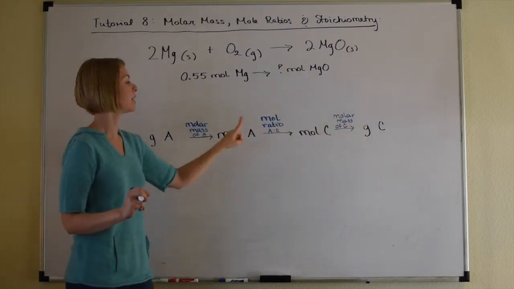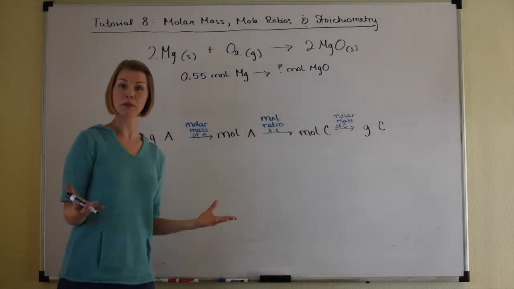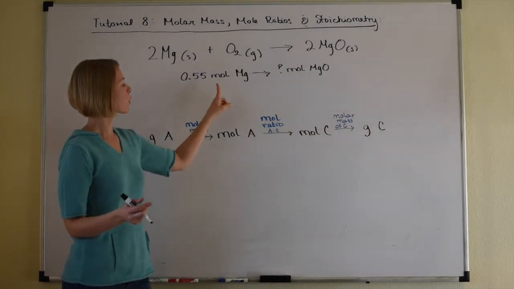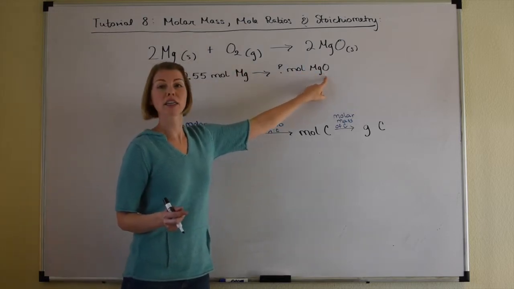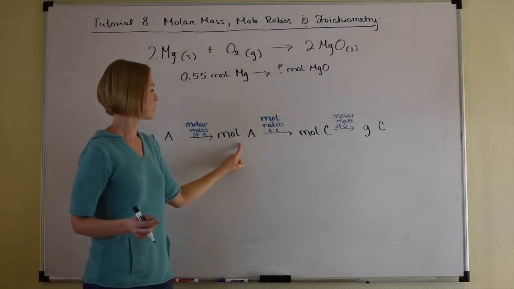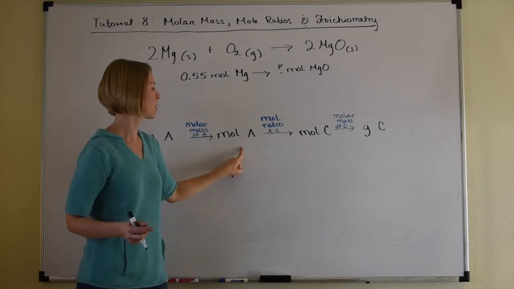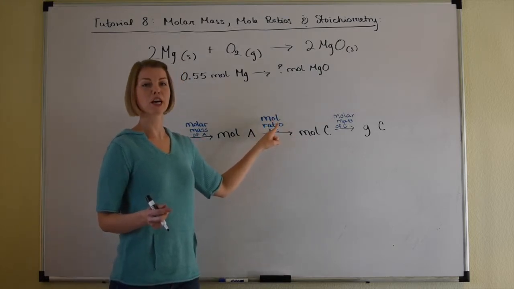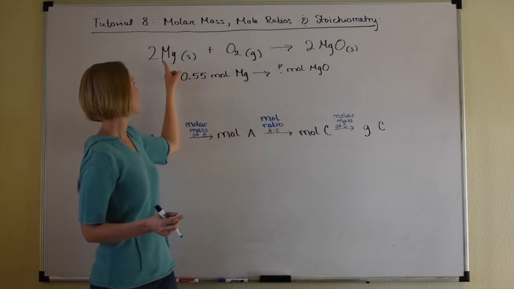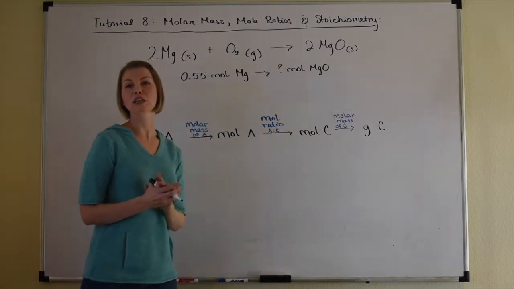We're not doing the 1, 2, 3 step problem. Let's just look at what we're doing. We're trying to convert between moles of magnesium and moles of magnesium oxide. All we need to do here is a one-step problem that uses the mole ratio from our balanced chemical equation between magnesium and magnesium oxide.